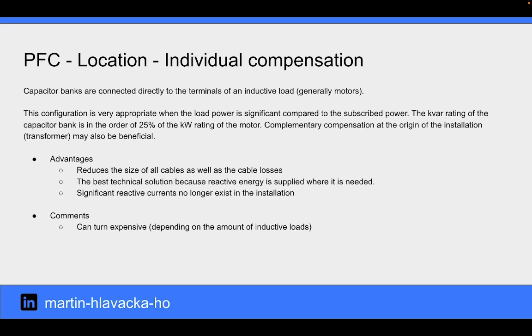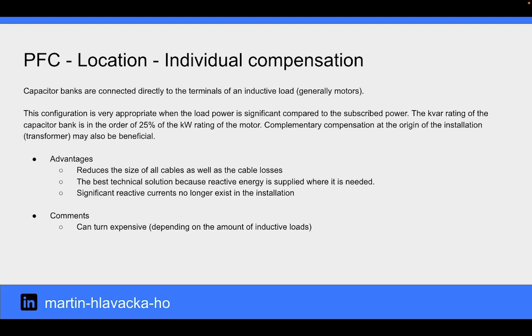In the case of individual compensation, the capacitor banks are connected directly to the terminals of an inductive load, which are generally motors. This configuration is very appropriate when the load power is significant compared to the contracted power.